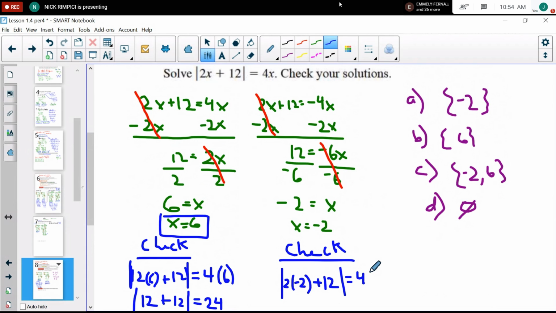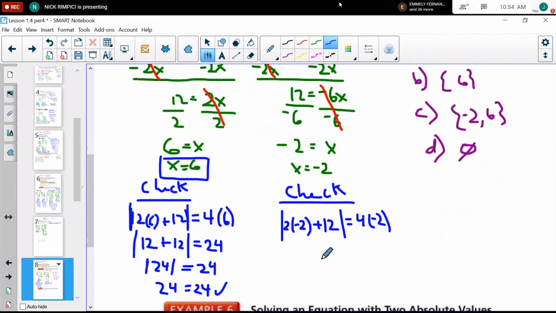So let's see what happens here. 2 times negative 2 is going to give me negative 4, and then negative 4 plus 12, or 12 minus 4, is 8, and then the absolute value of 8 is 8. Okay, so that wasn't too hard. On the right side, I'm just multiplying 4 times negative 2, which is negative 8.